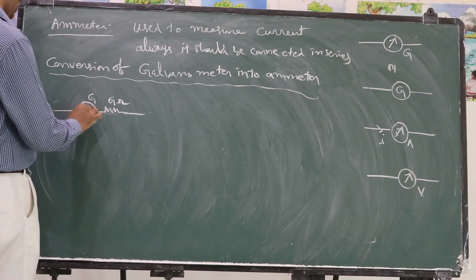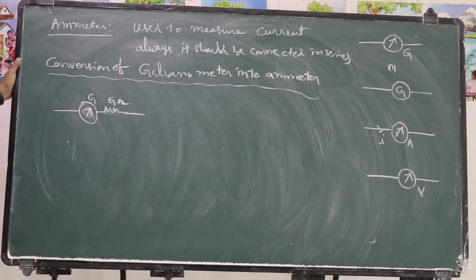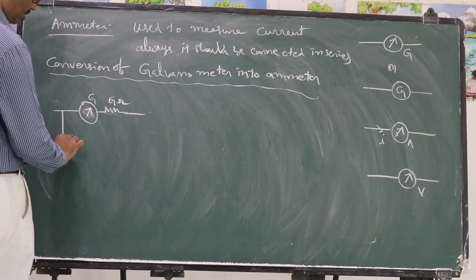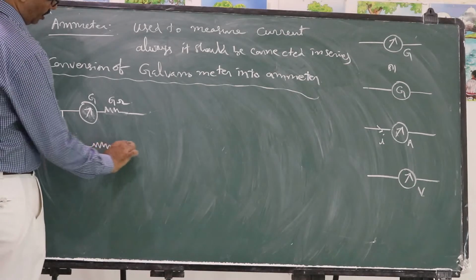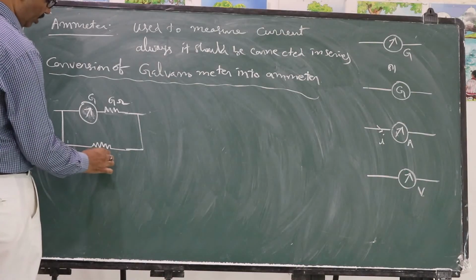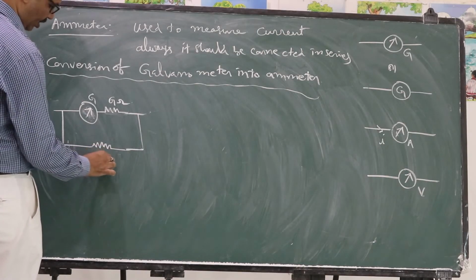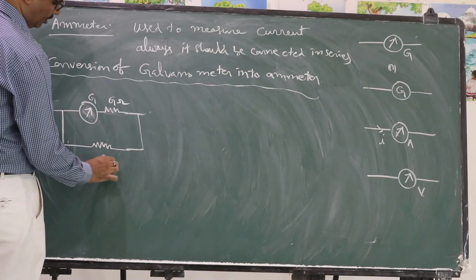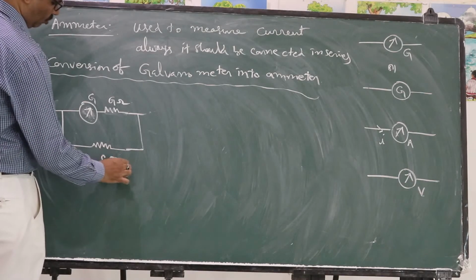So due to high resistance, it is not able to allow the current to pass through it. To avoid this problem, we need to attach some another resistance in parallel to this, and the resistance we are going to connect here is represented with S ohms.